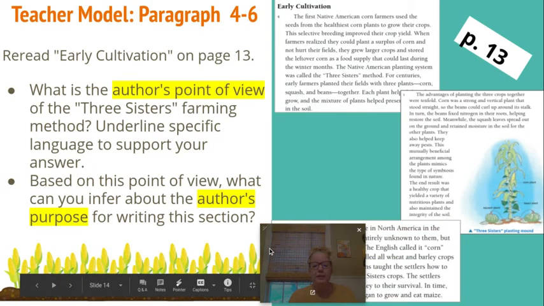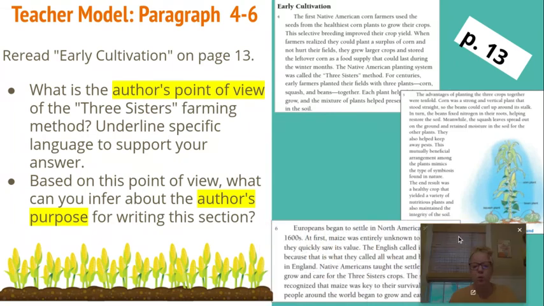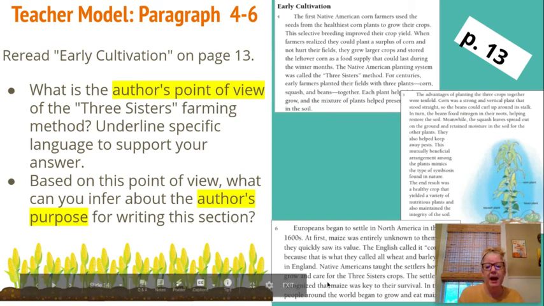Okay, so let's take a look at paragraphs 4 through 6, Early Cultivation, and that is found on page 13 of your Unit 1 booklet, so please turn to page 13. And we're going to take a look at these 3 paragraphs here, paragraph 4, paragraph 5, and paragraph 6.